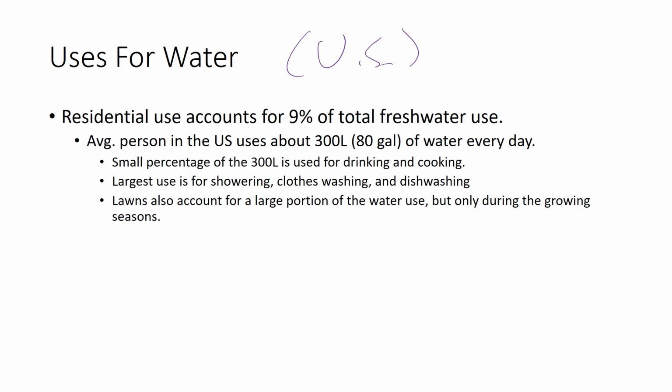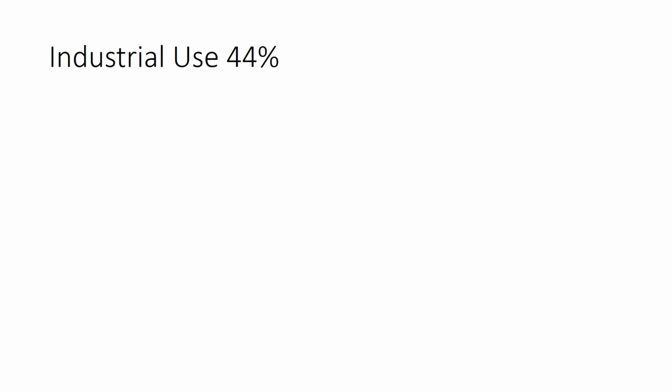We actually use a relatively small amount of that. Most of it goes into your toilet use, your showers, cooking or cleaning, etc. And I suppose if you count lawns and stuff like that, that number would go up a little bit, but only certain times of the year. So residential use is actually a relatively small fraction of overall freshwater use.